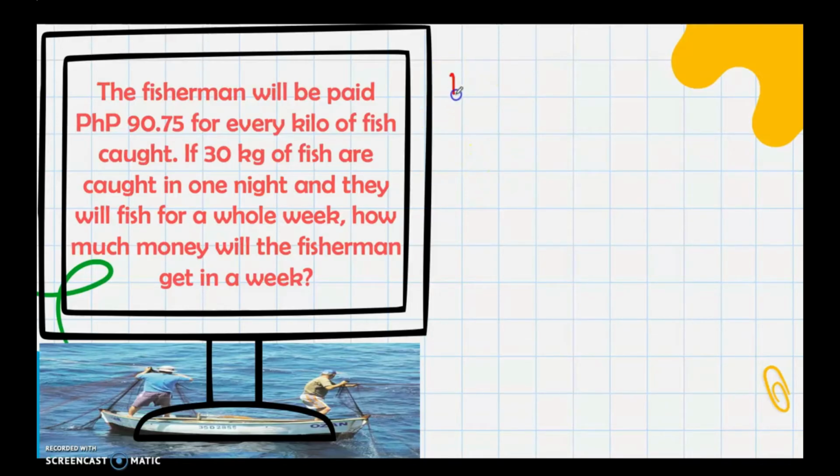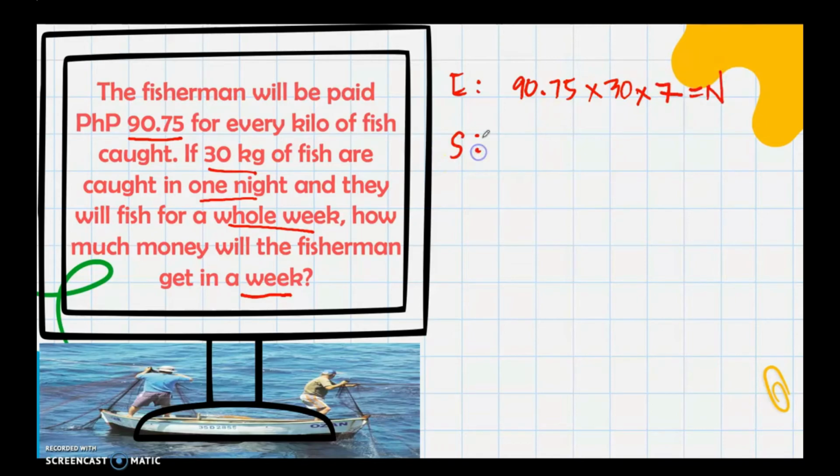The equation here is: each kilo is 90 pesos and 75 cents, and every day they get 30 kilograms. That's 30 kilograms for one night. And the question is for one whole week. So in a week there are 7 days, so times 7 is equal to n.